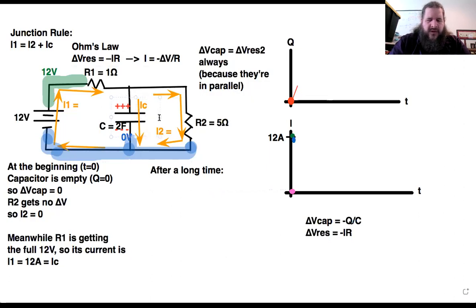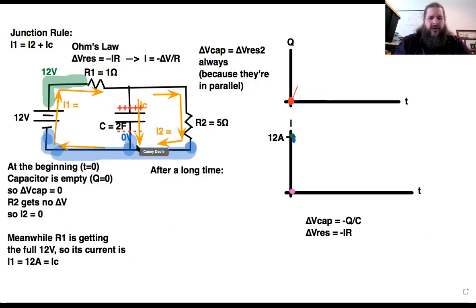Yeah, because after a long enough time, we've got lots of charge accumulating on the capacitor. And the more charge there is accumulated on the capacitor, the more pushback there is. And so I would expect the current through the capacitor to get slower and slower as the growing charge pushes back more and more. Eventually you get to a point where there's no more charge flowing through the capacitor because it's as full as it's going to get.